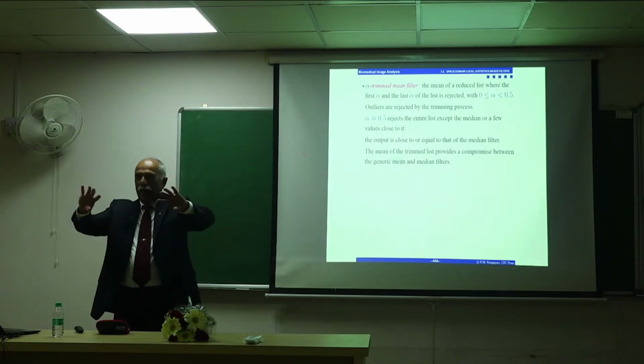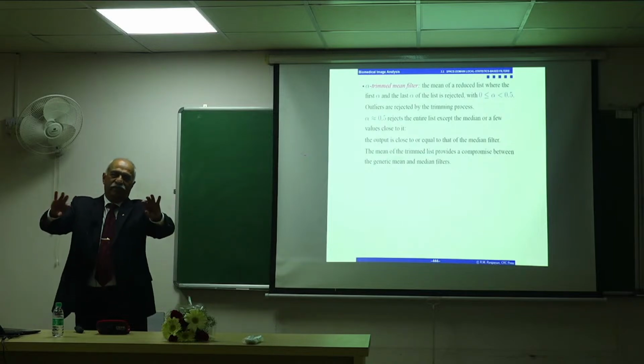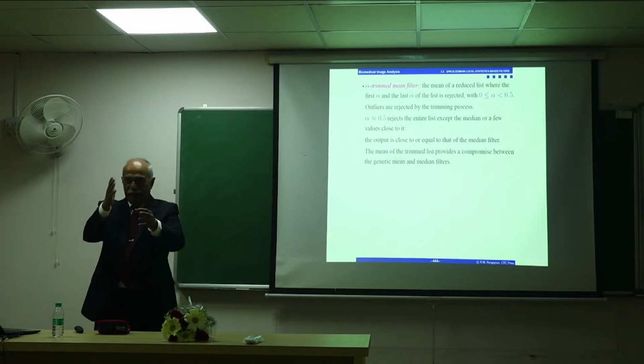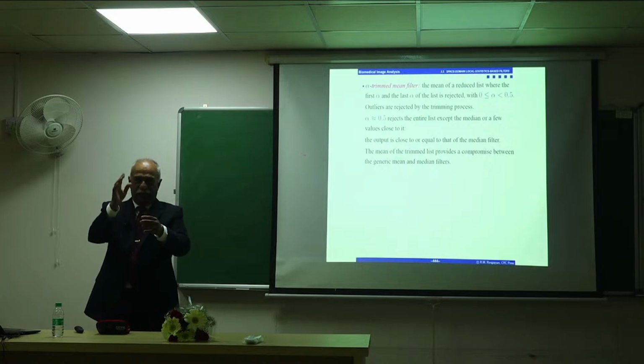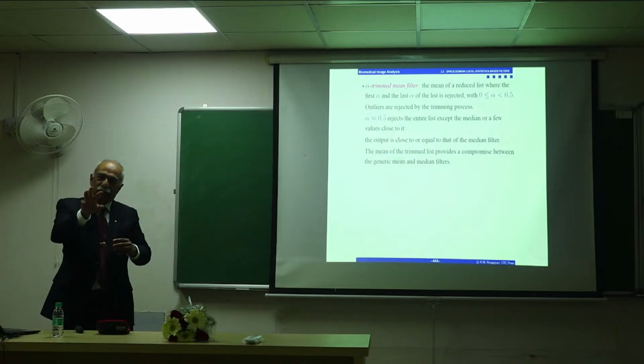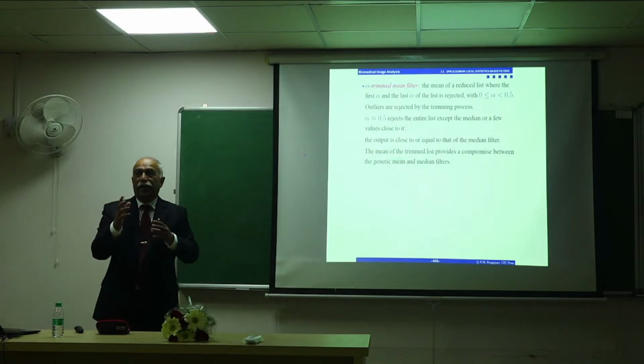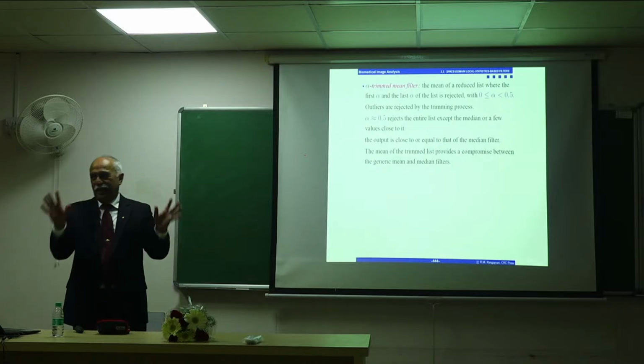You throw away a few values at the beginning and end of that list, very small values and very large values. The median gives an approximation of the center of that distribution. And now you say, instead of taking one value only, I'll take a few values in the middle and average them. So it's a combination of the median and the mean filter, but not an indiscriminate mean, not averaging everything.